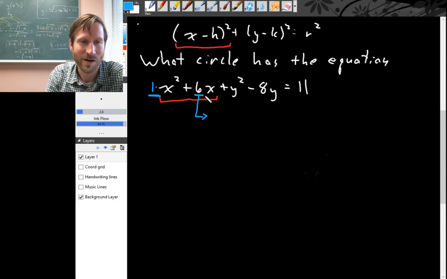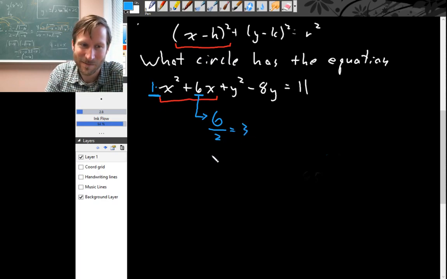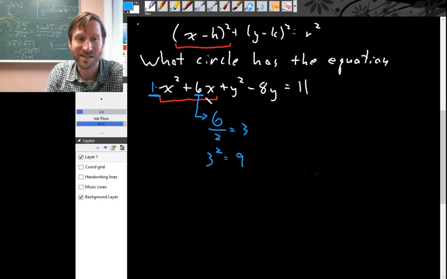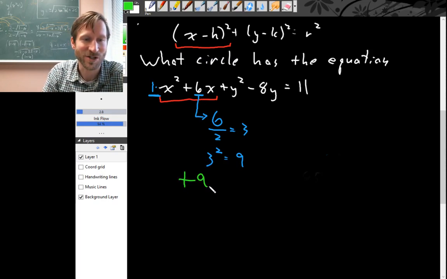Take the coefficient on the x term, that's 6, divide that by 2, that's 3, and then take the result and square it, and that's 9. That means that for the x's, the missing part of the square is 9. So we're going to add 9 to both sides of the equation.